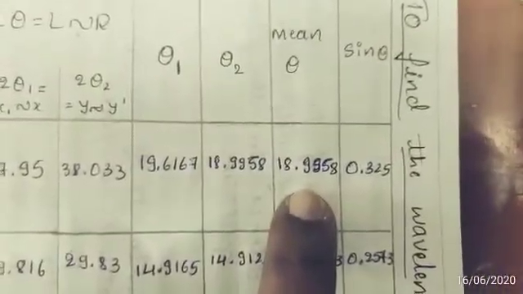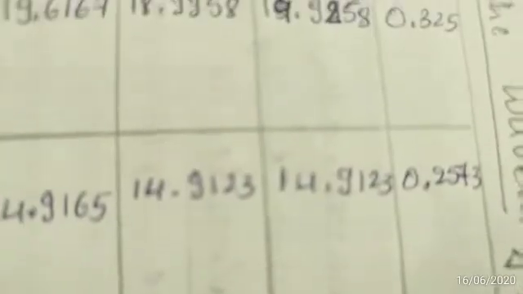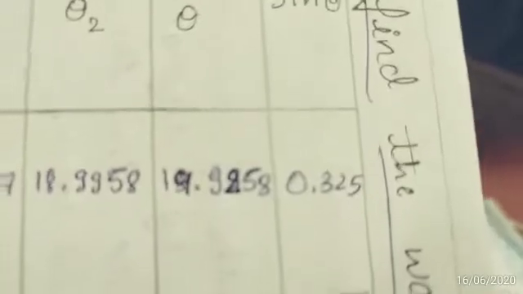I am going to call that one theta. I got around 19.9258. Calculate sin theta. Sin theta is 0.325 for green. Similarly for blue, it is 0.2573.